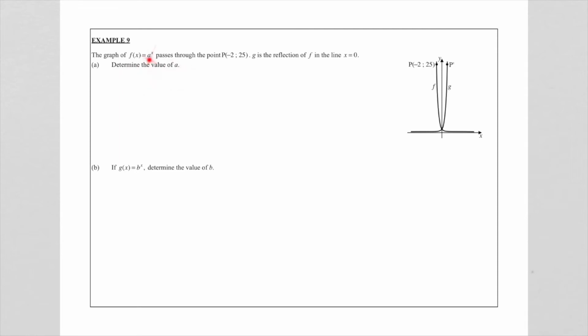They ask us to determine the value of a. It's now this a they ask for. So let's do it. We're going to substitute the point P, which is minus 2 and 25, into y equal to a to the x.